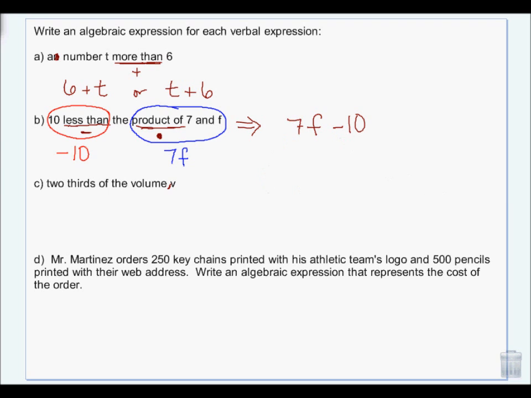Okay. Down here I have 2/3 of. This is the word for multiplication. 2/3 is a fraction. And the volume is V, so I'm going to use the letter V. So what I have is 2/3 times V.